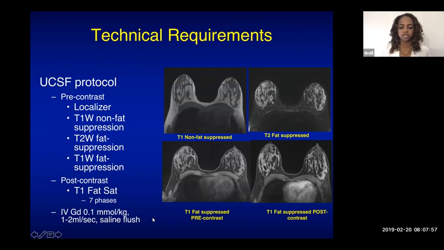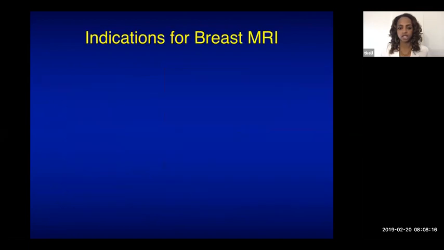So we usually get 7 phases of T1 fat suppressed images after contrast is given. We use IV gadolinium for contrast, which is the usual dose of 0.1 millimole per kilogram, given at 1 to 2 mLs per second, and followed by around 10 ml of saline flush.